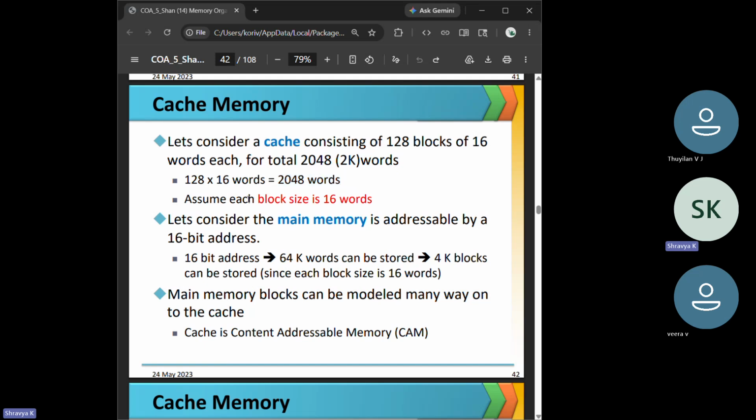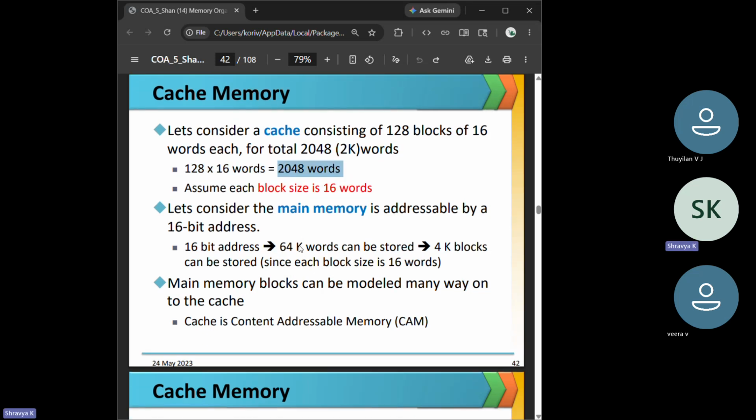A block is just a bunch of words in the cache. So the block size in this case is 16 words. There are 128 blocks, 16 words in each block, and the total number of words is the multiplication of that, which is 2048 words.